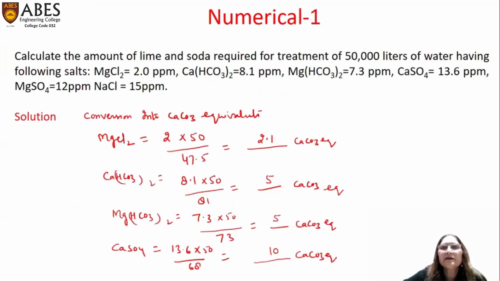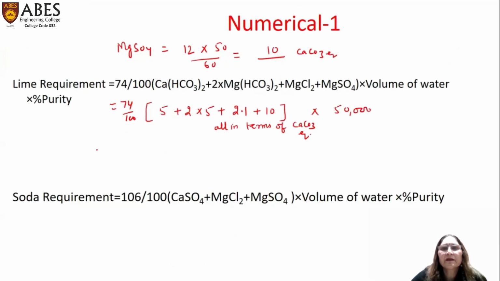You can see here 50,000 liters of water. All in terms means milligram per liter, and this is in liters, so liter to liter is cancelled out.